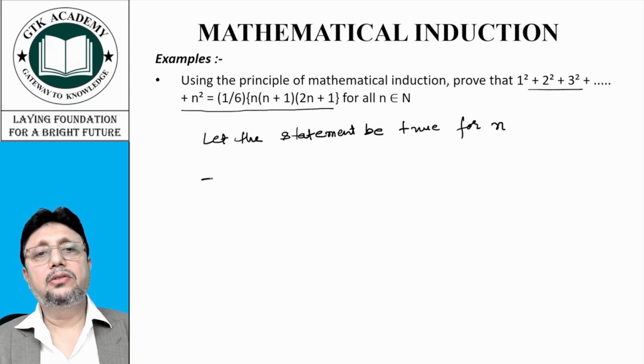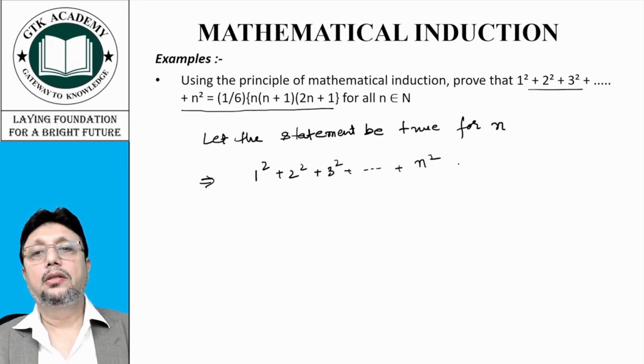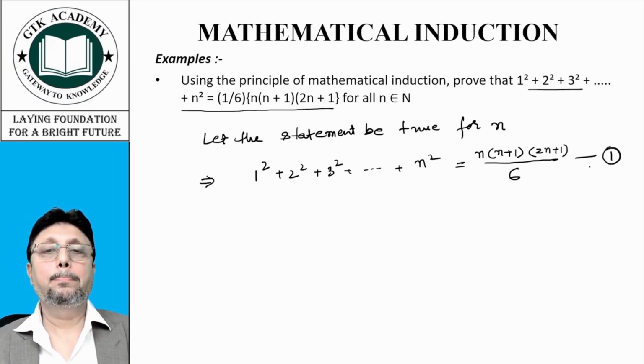That means 1 square plus 2 square plus 3 square and so on plus n square is equal to n into n plus 1 into 2n plus 1 divided by 6. This we have assumed that it is correct.